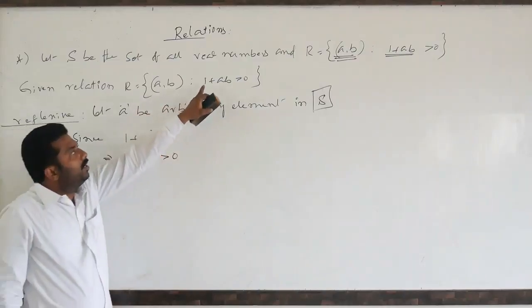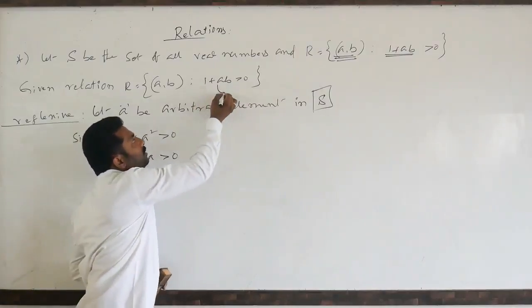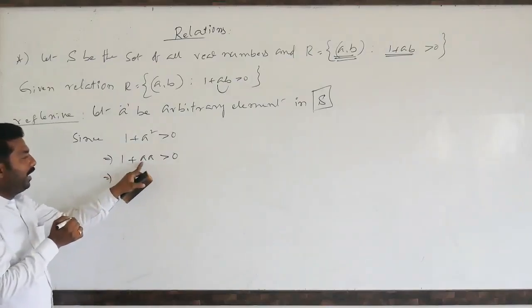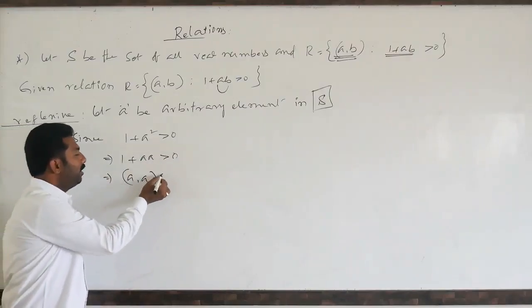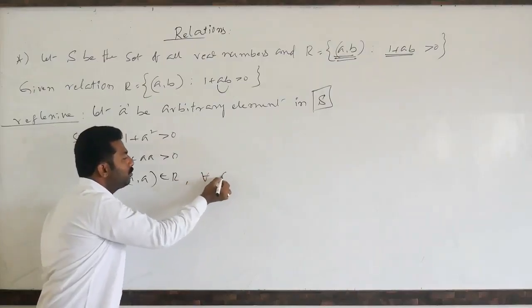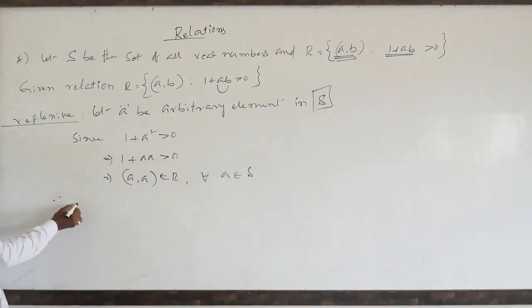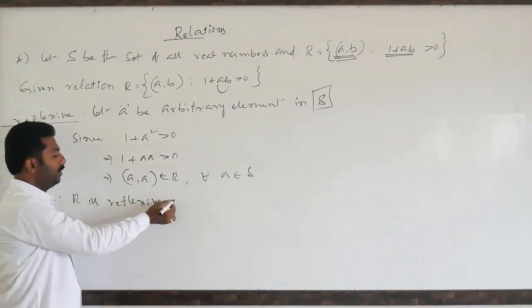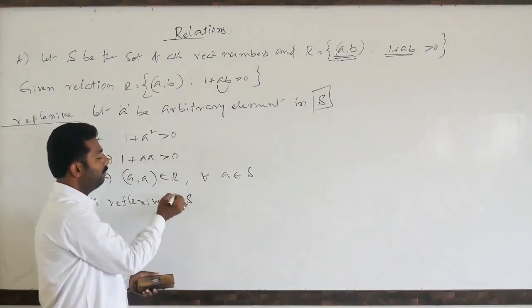What is the relation? 1 plus A into B greater than 0 means between A and B the relation is there. Here also 1 plus A into A is greater than 0. So from this A comma A belongs to capital R. This is true for every real number in capital S. Therefore, capital R is a reflexive relation on the set of real numbers.